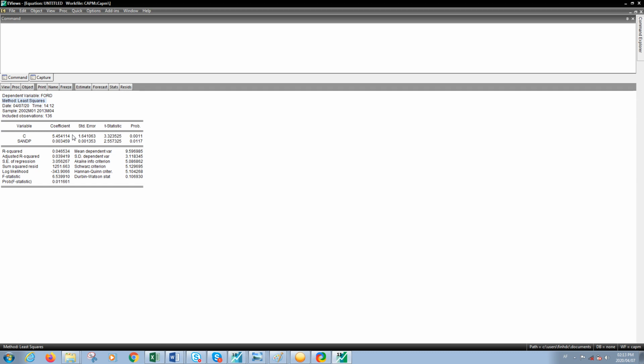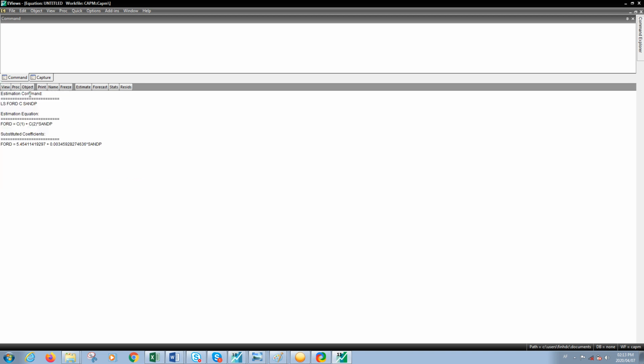Now to report our regression line, we can simply go to View, Estimation Output, View Representation, and this is our regression line. Don't get confused by the line bit. The regression line refers to what our scenario looks like as specified by our equation.